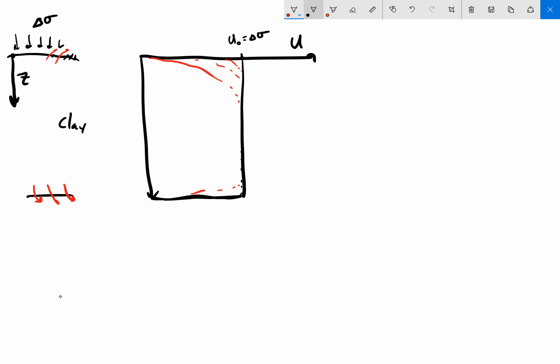And it's going to happen wherever the boundaries are, to the point where I'm going to have maybe something that looks like this now, where this value is going to represent U sub Z. So at any given depth Z, I could come over and pick off my value of U sub Z at that particular depth.